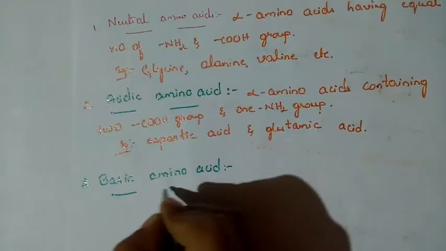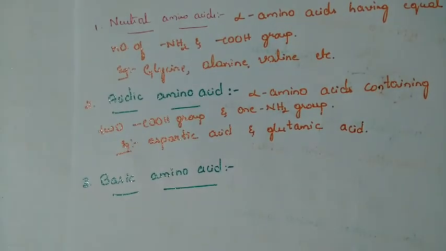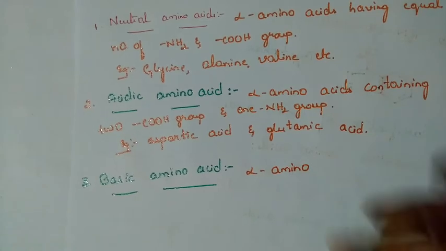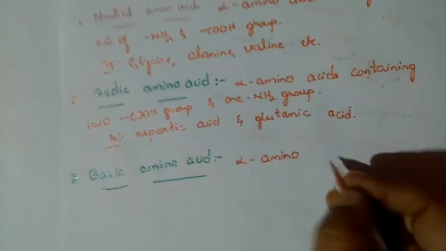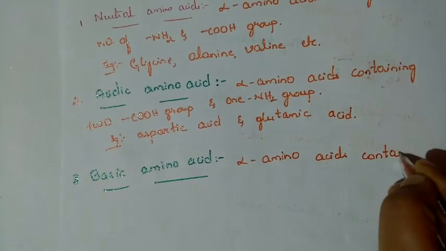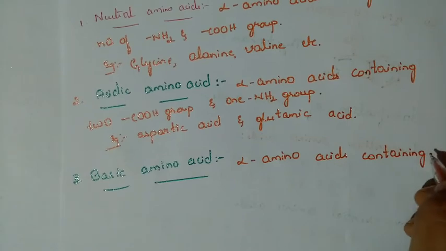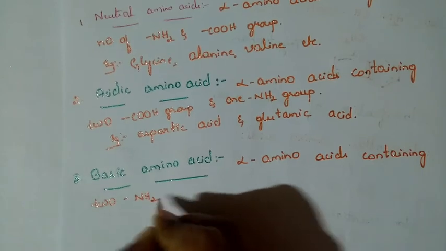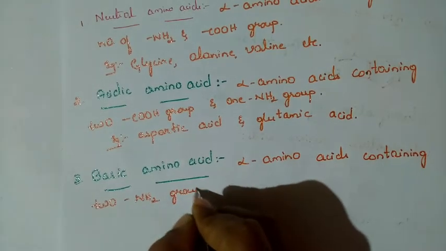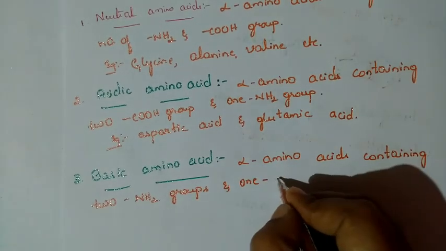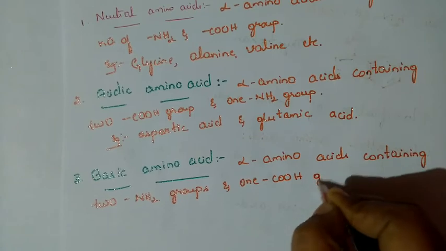That is, an alpha amino acid where NH2 groups are more than COOH groups, that is alpha amino acids containing 2 NH2 groups and 1 COOH group.